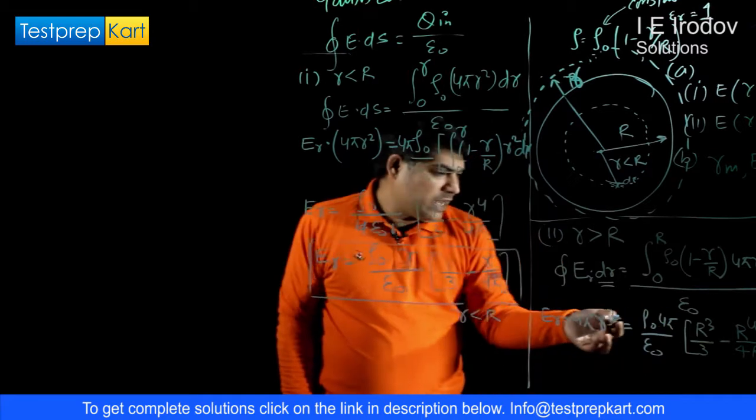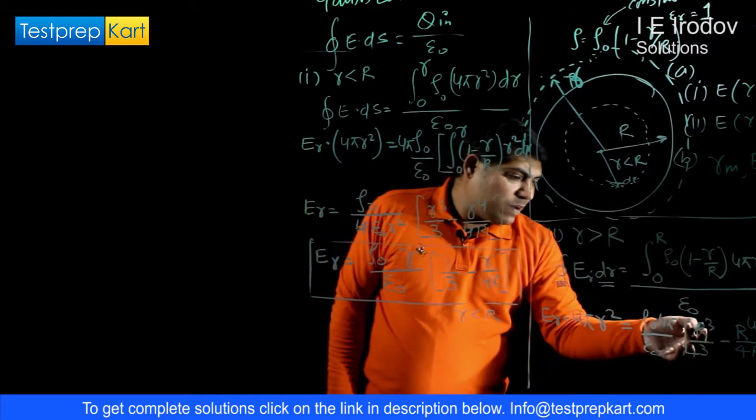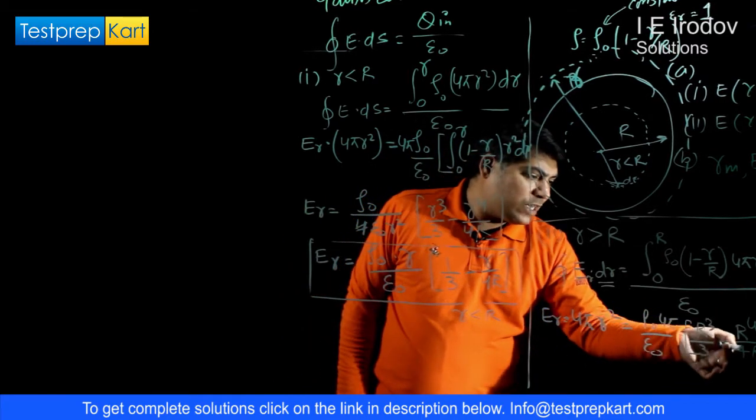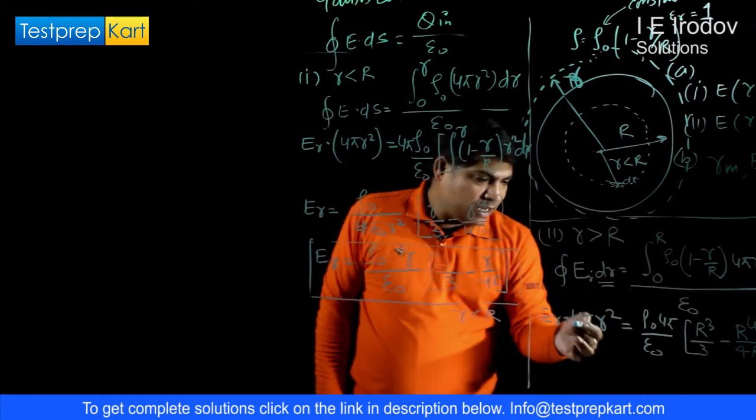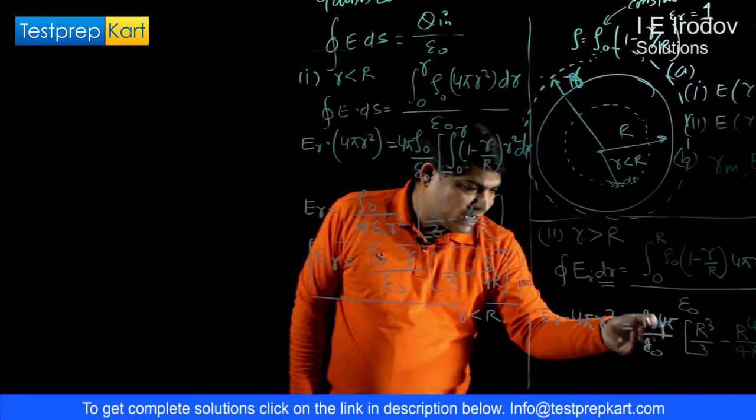Basically we are getting R cube by 3 minus R cube by 4. This 4 pi gets cancelled.